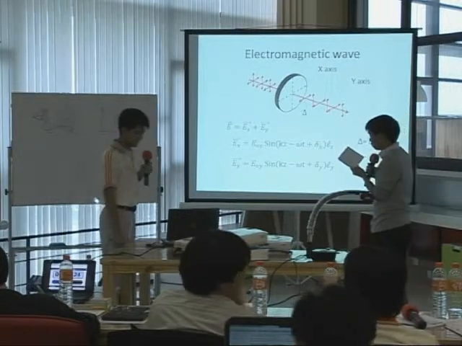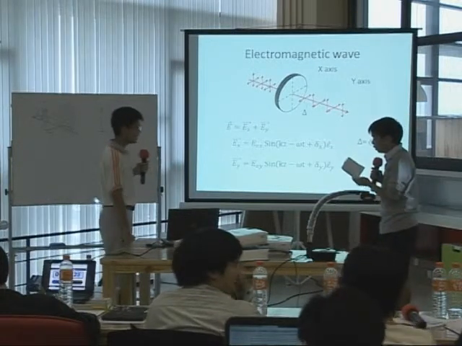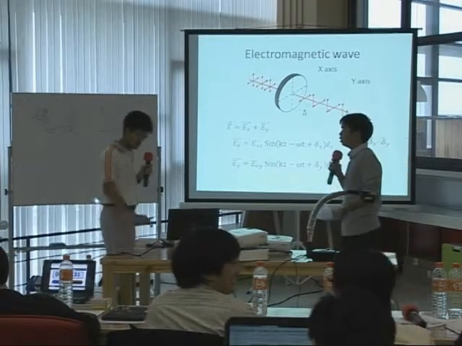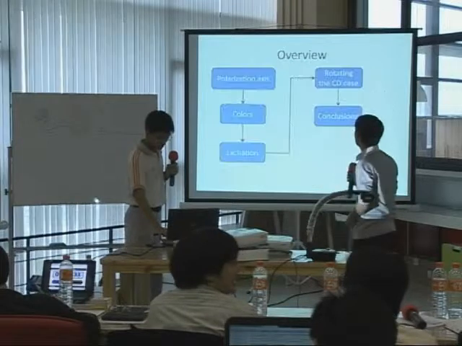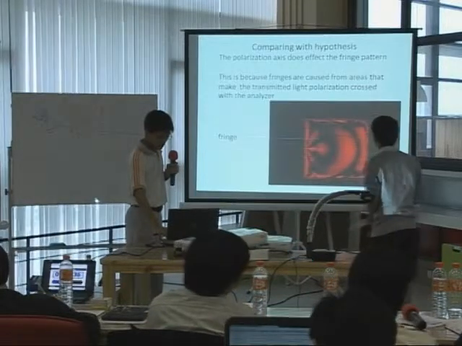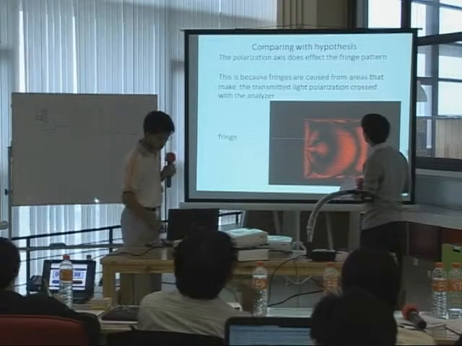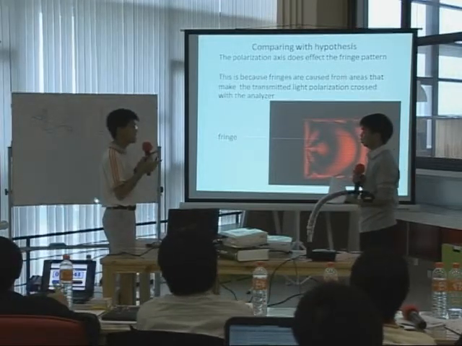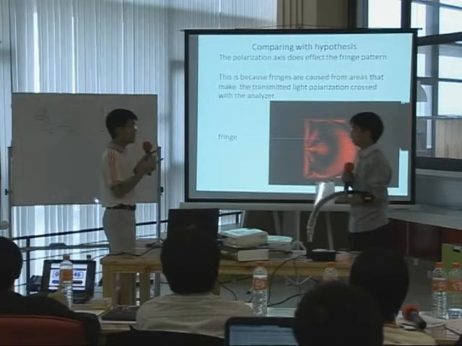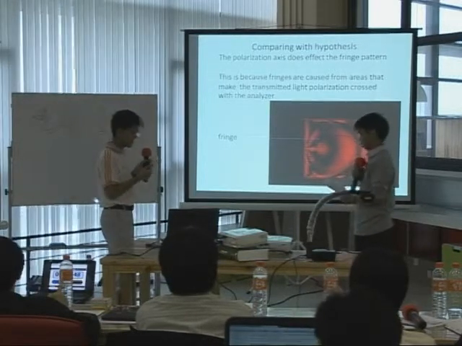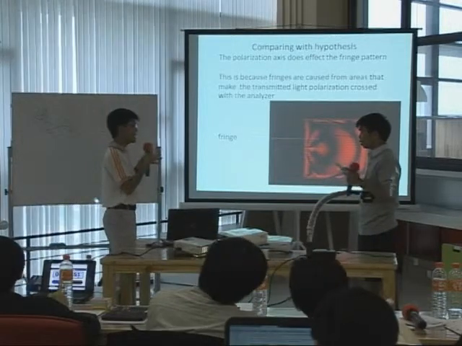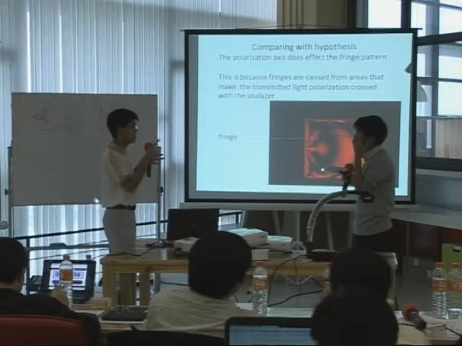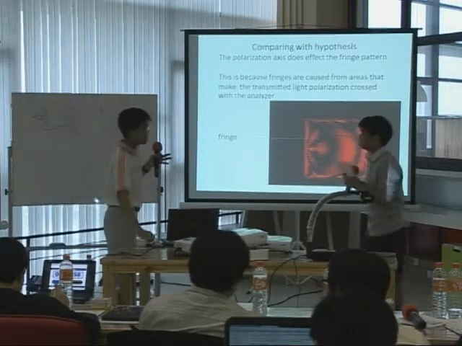Next question. I'm wondering why the different angles give different fringe patterns. Because when we rotate the analyzer, the light that can pass through the analyzer is changed because the angle of the analyzer is changed.